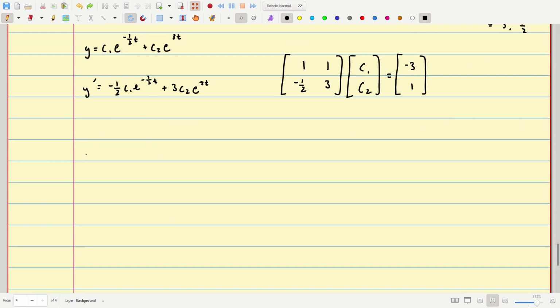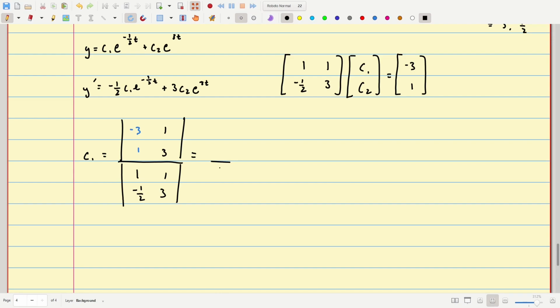With the matrix equation, we can write down Cramer's rule for this expression here. All right, and so we want to work all this out. In the denominator, we're going to get 1 times 3, which is 3, minus negative 1 times negative 1/2.